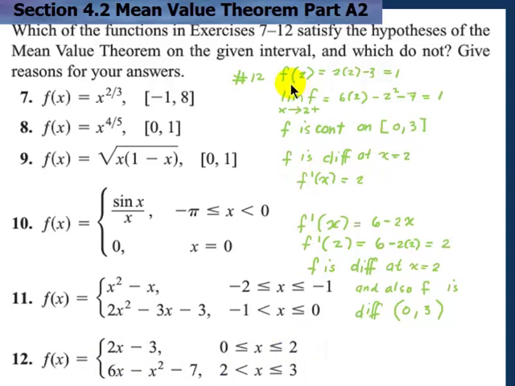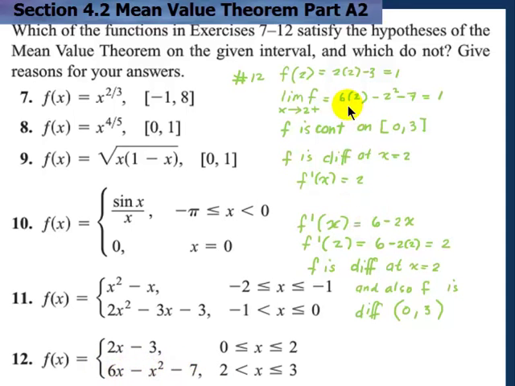So what is f of 2? For f of 2, we use the top definition of f of x. We plug 2 into x and we see that f of 2 is equal to 1. Now we check the limit of the function as x approaches 2 coming from the right. If it's coming from the right, we have to plug into the second, or bottom, definition of f of x.